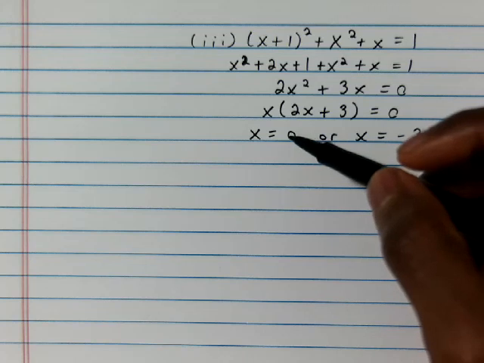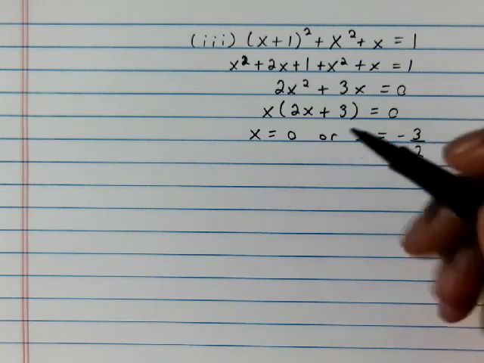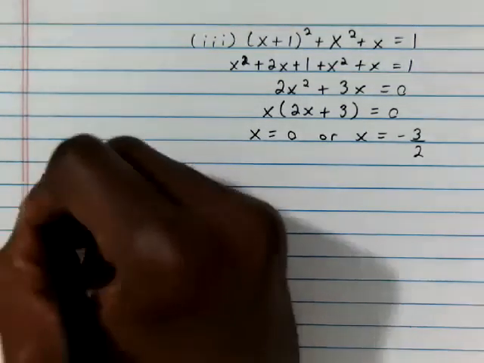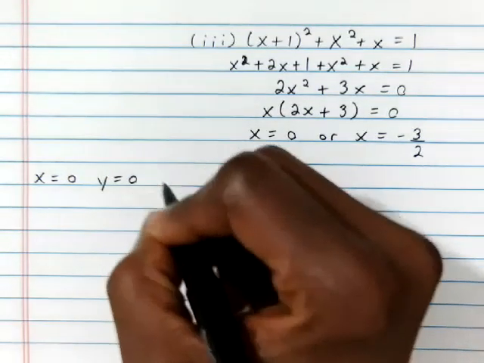When I take this x equals 0 and I put it back into our constraint equation that we initially had, we already know that's going to give us y equals 0. So we already have that point, x equals 0, y equals 0.